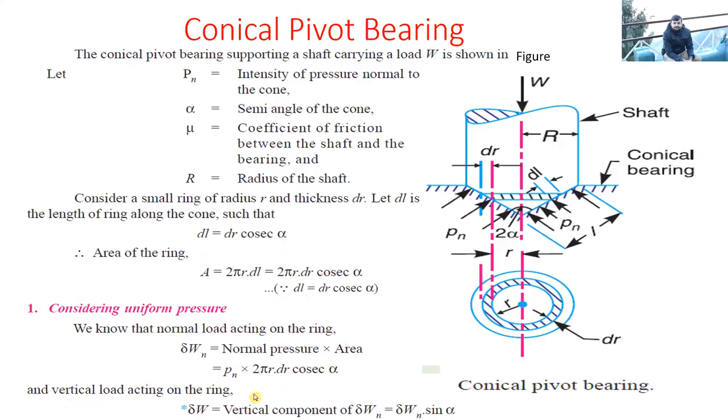Now what would be the vertical load acting on the ring? So it would be the sine component of this normal load. See, del Wn would be acting in the direction of Pn itself. So it will have a vertical component, and that vertical component will be in terms of sine alpha. So this del W would be equals to del Wn sine alpha, right?